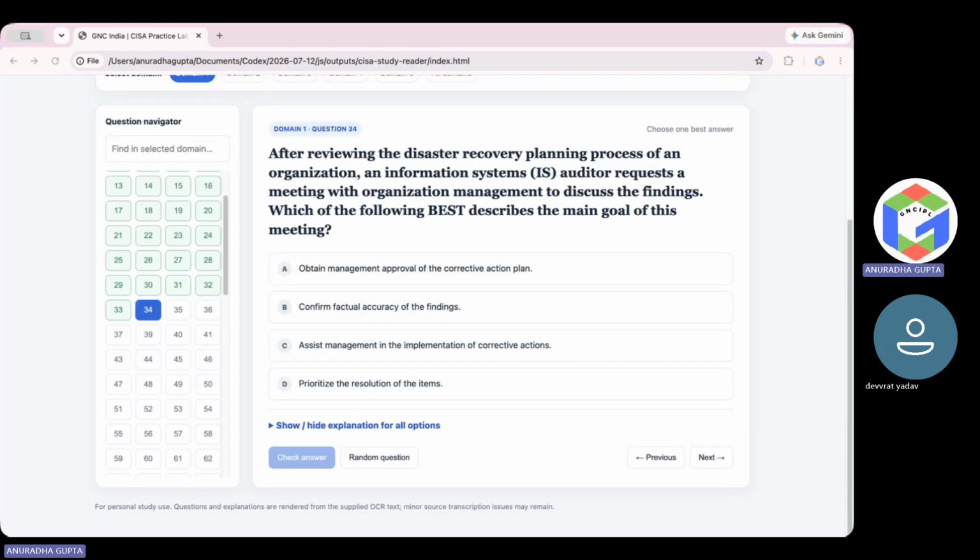Let's have another question. Some questions are very tricky. They try to make you think twice and thrice on the question. These exams are basically exams of elimination, right?